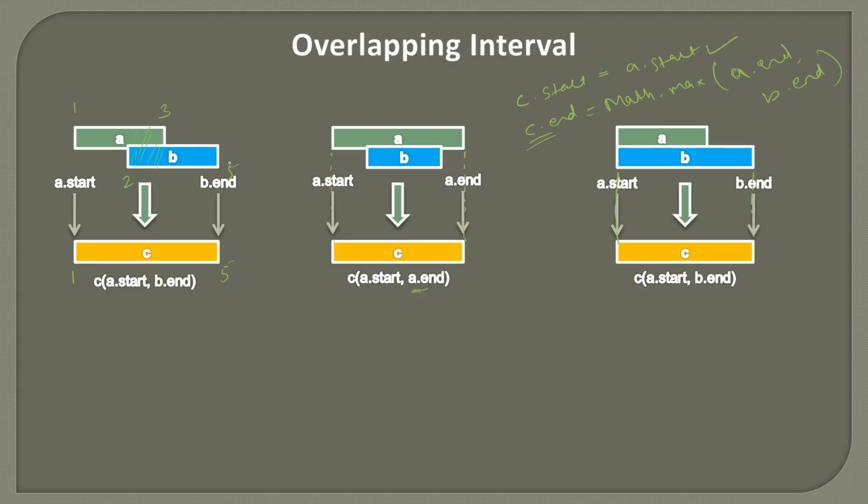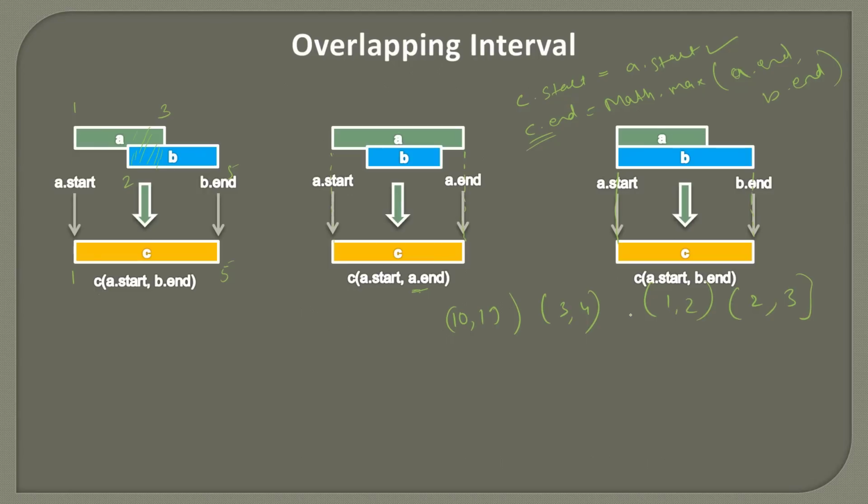Now one thing we discussed is that A should start before B or at the same time. But if we look into the problem, we are given the intervals in random order. Let's say 10, 19, 3, 4, 1, 2, and let's say 2, 3. Now we have to merge all overlapping intervals.